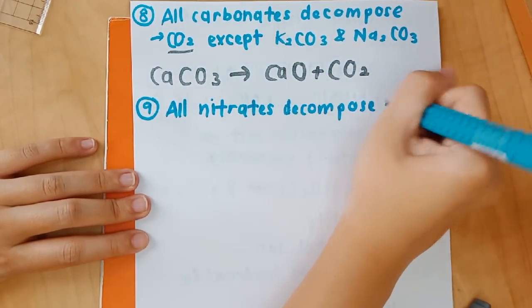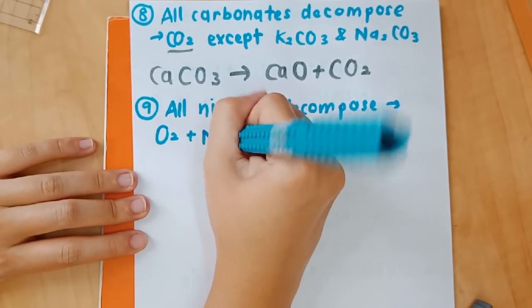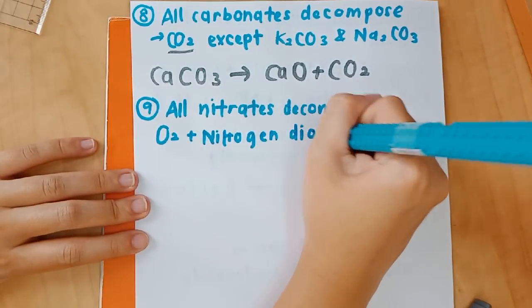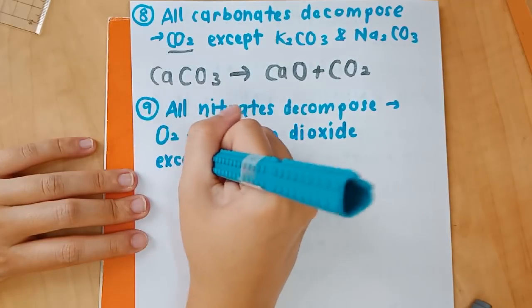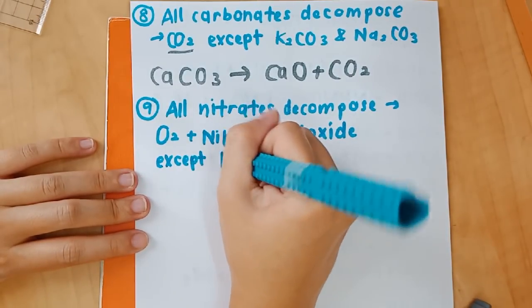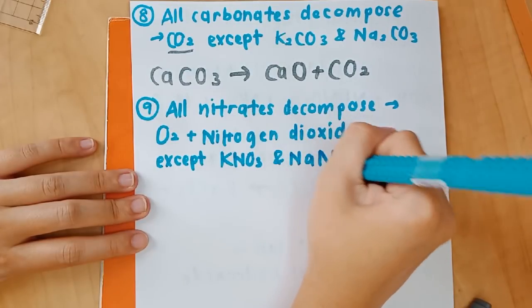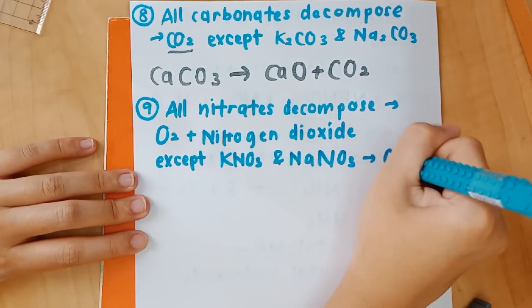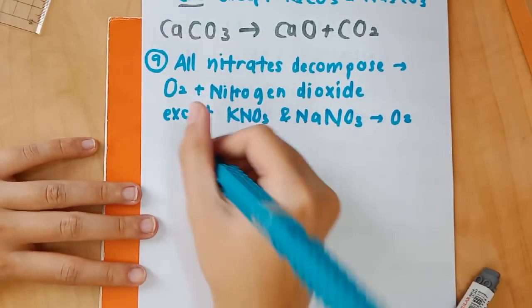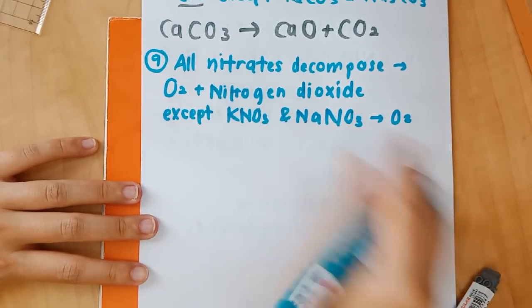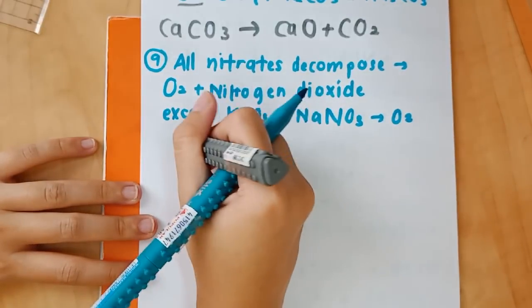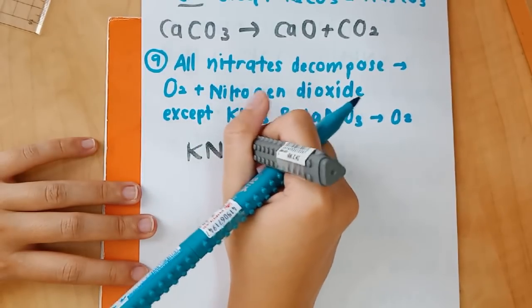As simple as that. Number 9 is the fact that all nitrates decompose to oxygen and nitrogen dioxide except KNO3 and NaNO3, which decompose to form oxygen. So when KNO3 decomposes, oxygen will be formed, and I'm using this as an example.